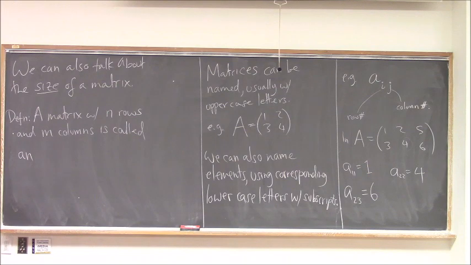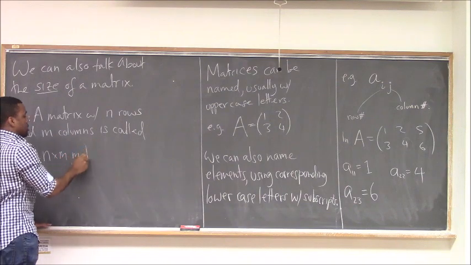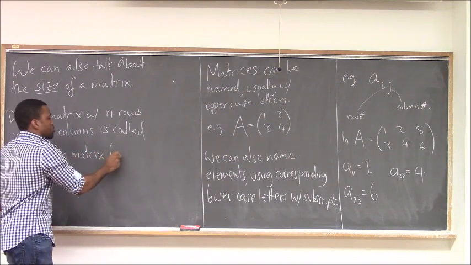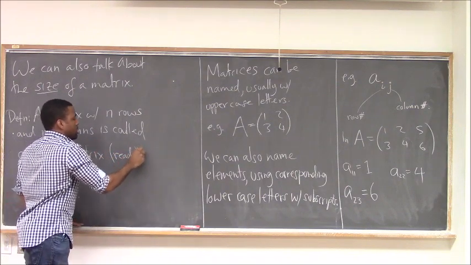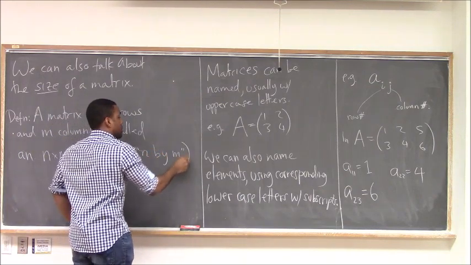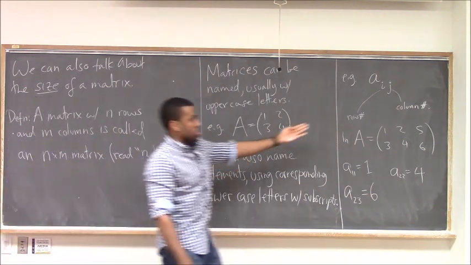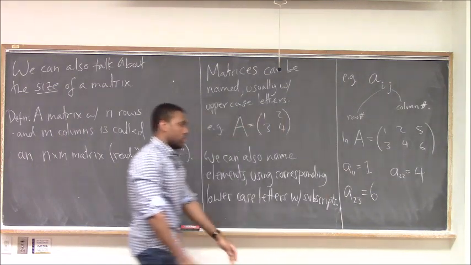N by M matrix. Right. You always list the number of rows first, the number of columns second. That's just a convention we use.